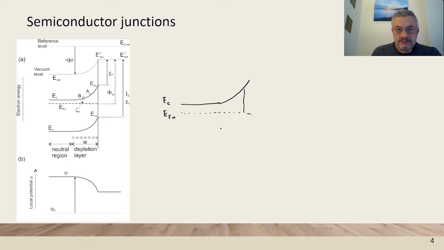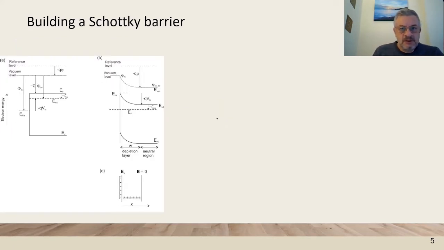So here only remains the background doping density, which is positive. And there is an electrical field in this region. So this is called space charge. So there will be an electrical field and a variation of the electrical potential in this space charge region at the surface. So let us see how we achieve this equilibrium.